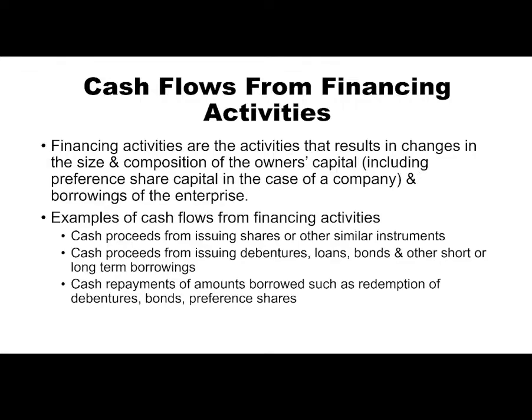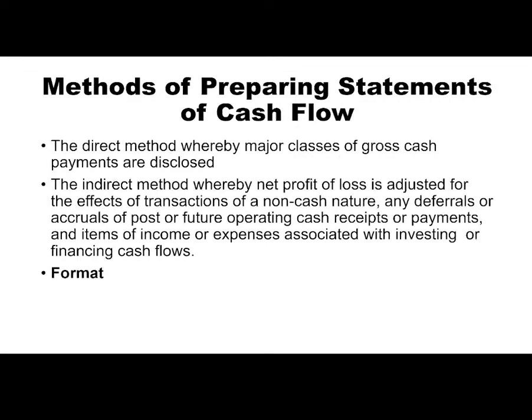Hope we are together, and let's look at the methods of preparing the statement of cash flow: the direct method and the indirect method. The direct method is whereby major classes of gross cash receipts and payments are disclosed.